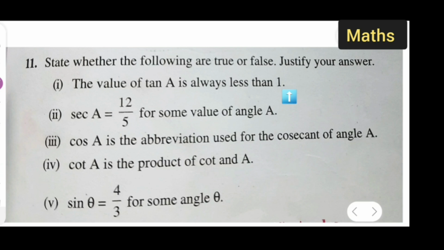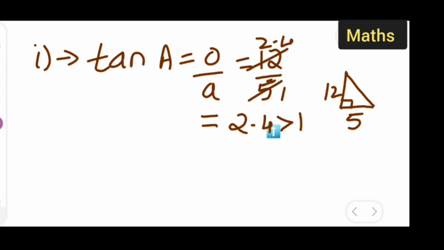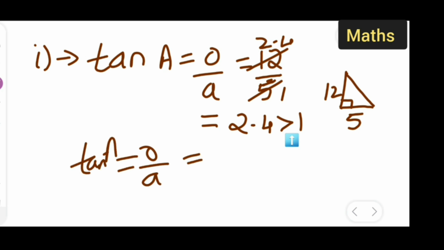But it says the value of tan A is always less than 1. If we take this example, you can see that 2.4 is greater than 1. If you take it the other way, opposite upon adjacent, suppose 5 upon 12, you will get 0.4, which will be less.